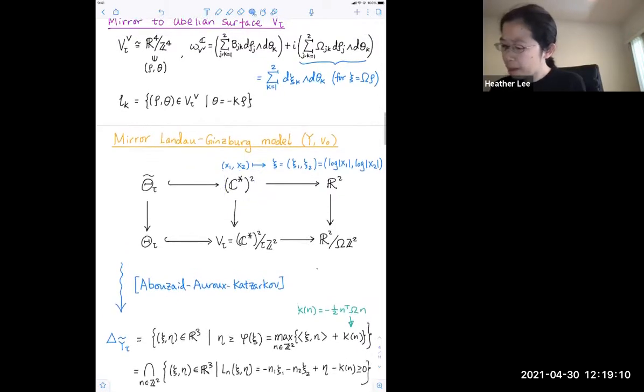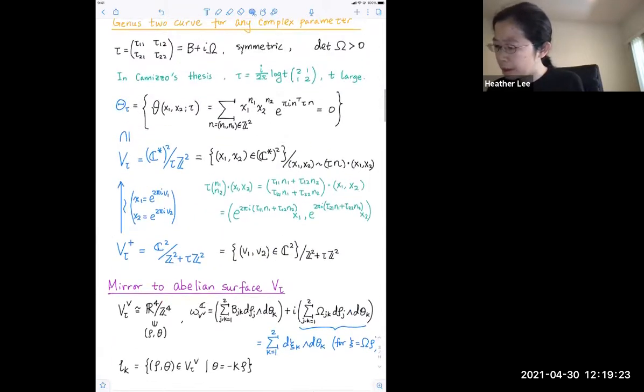So this genus 2 curve is a hypersurface in this abelian variety, an abelian surface. Yeah, I forgot to quotient. So there's a quotient.